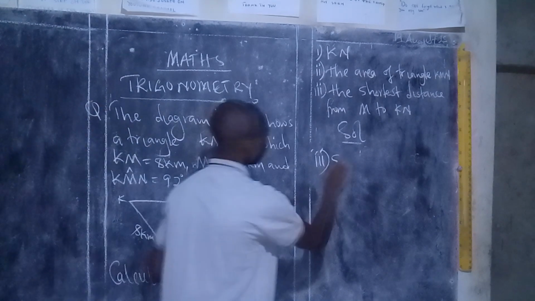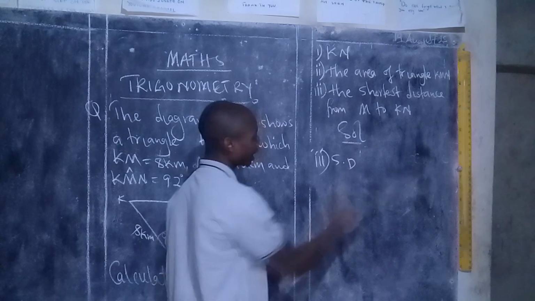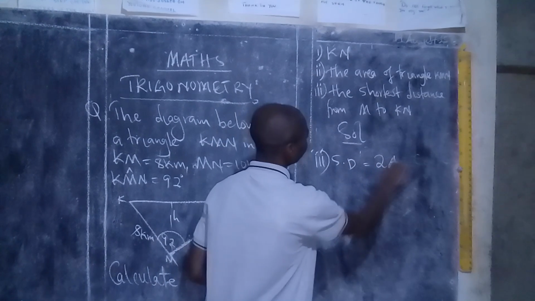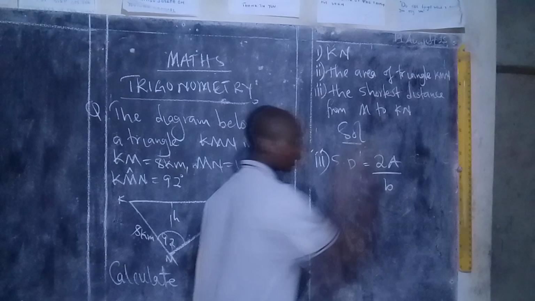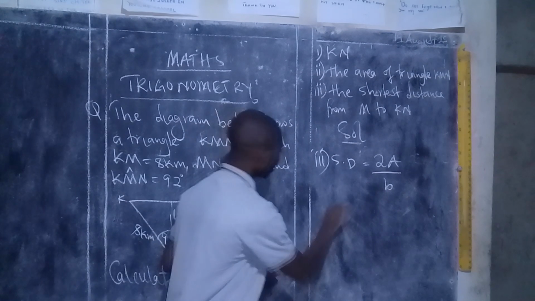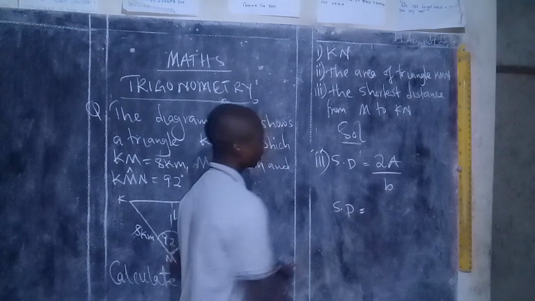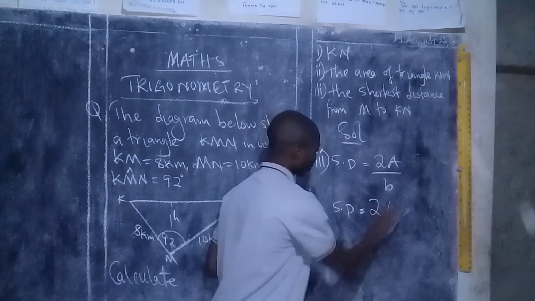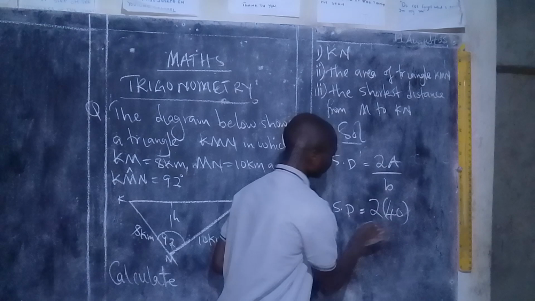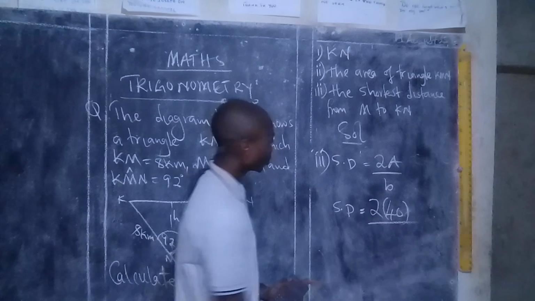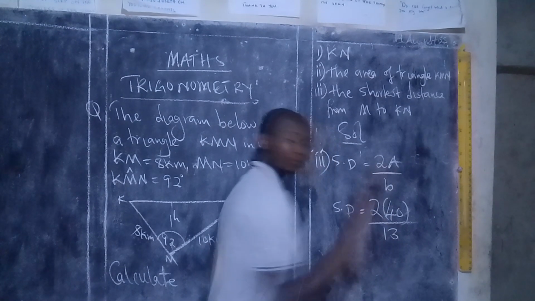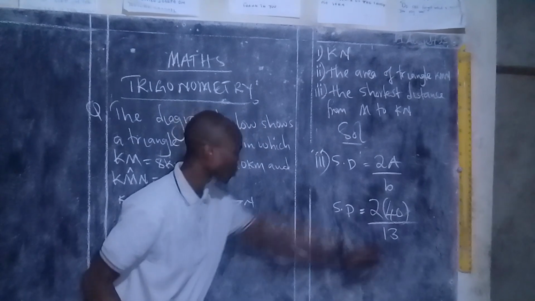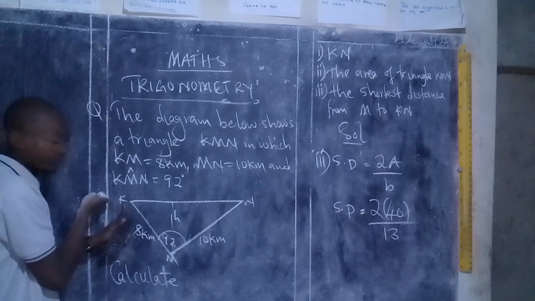SD, shortest distance, is equal to 2A over base. So we proceed to say SD is equal to 2A. Our A we had found, that is 40. So write 40. Divide by the base that we had found, which was 13. Write 13. Where you get this from is what you had found here as 13.